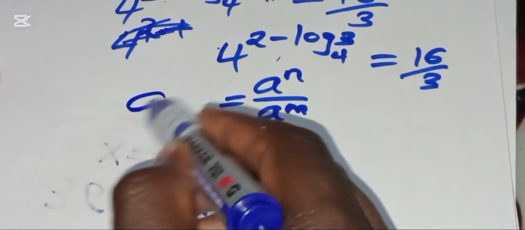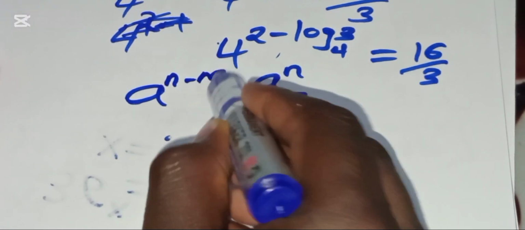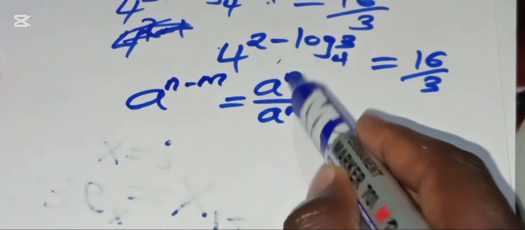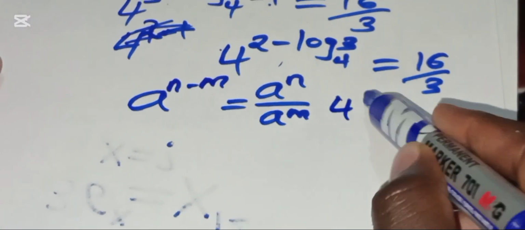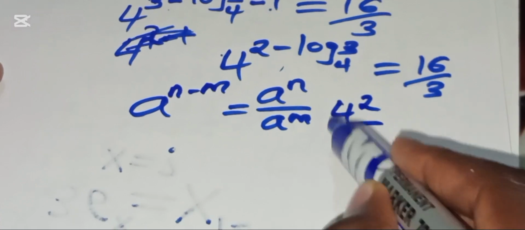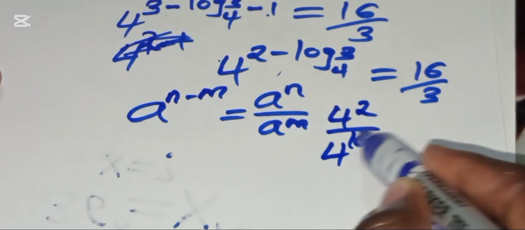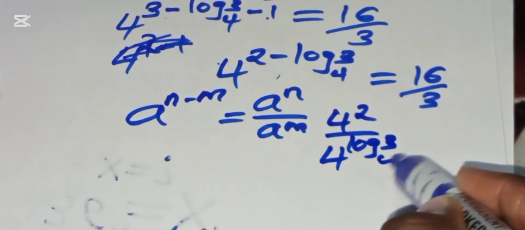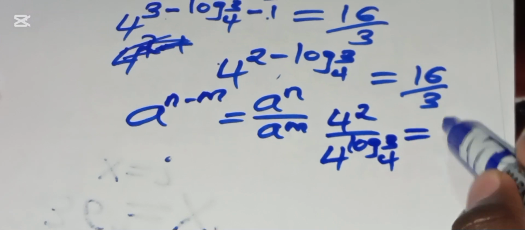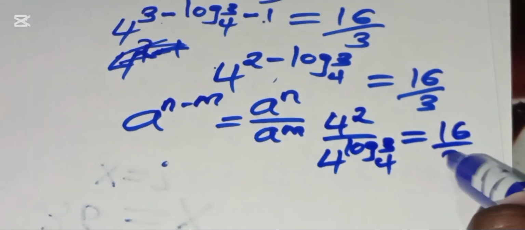This is in the form of a raised to the power n minus m, which you can express as a raised to the power n divided by a raised to the power m. So we're going to have 4 raised to the power 2 divided by 4 raised to the power log 3 to base 4. This should give us a value of 16 over 3.